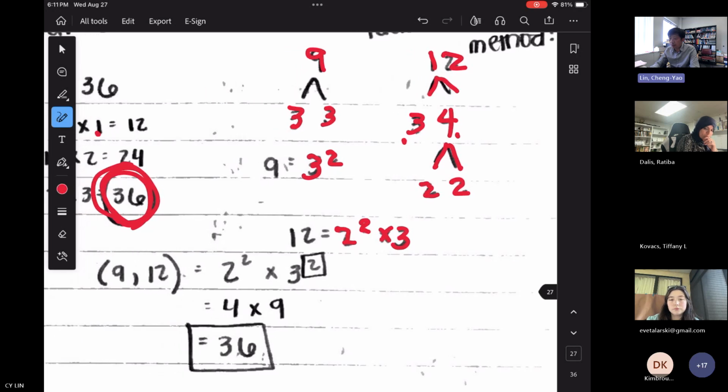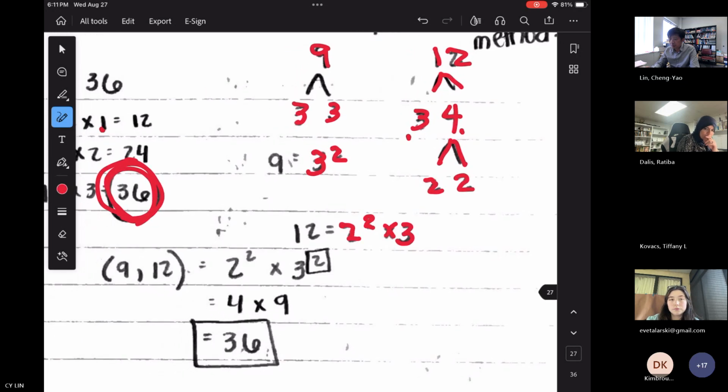Then for the prime factorization method, once we find all the prime numbers, first of all we list all the primes. Do we have the prime number 2? Yes. Do we have the prime number 3?